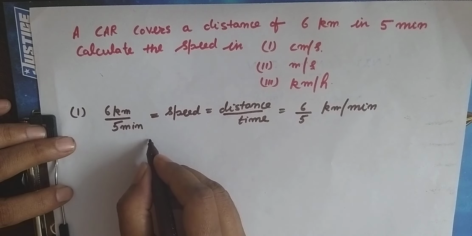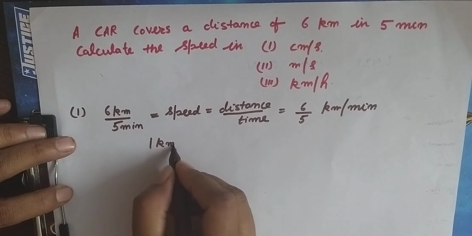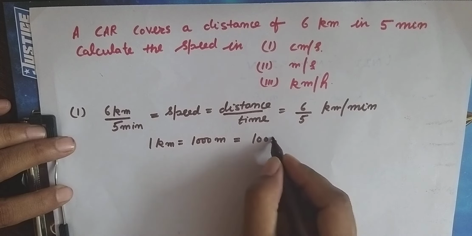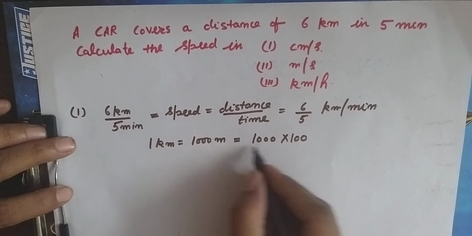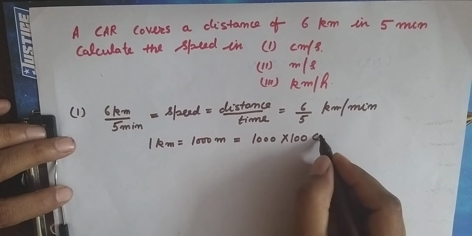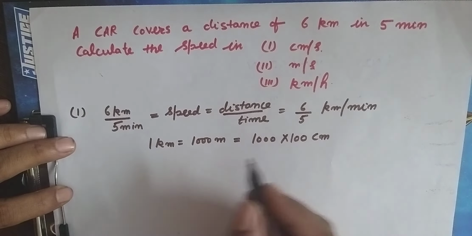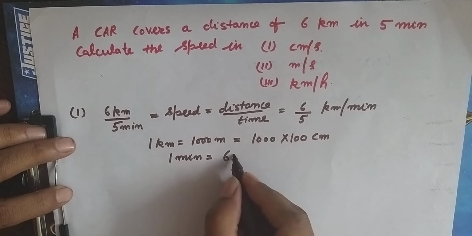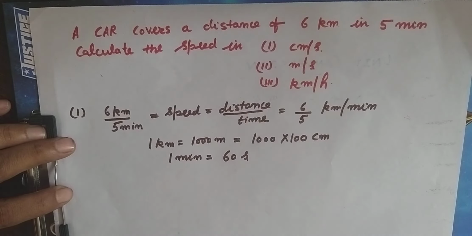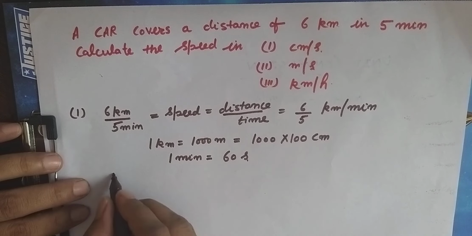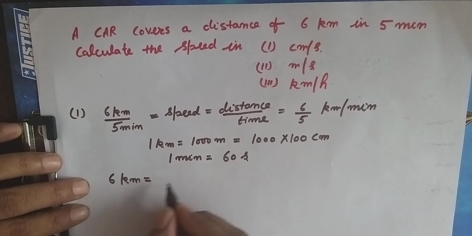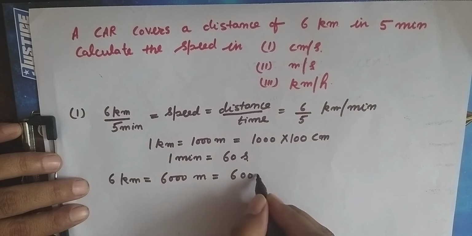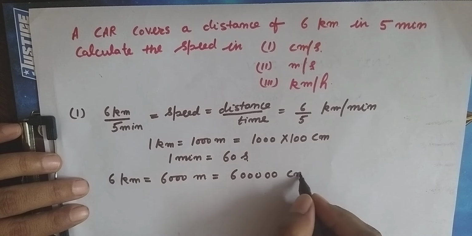Let's understand this. Since we know that 1 kilometer is equal to 1000 meter, and 1000 multiplied by 100, because 1 meter is equal to 100 centimeter, it is equal to centimeter here. And since it is given in minutes and I have to convert it into seconds, 1 minute is equal to 60 seconds, right? That means 6 kilometer will be equal to 6000 meter, which is equal to 6000 multiplied by 100 centimeters.